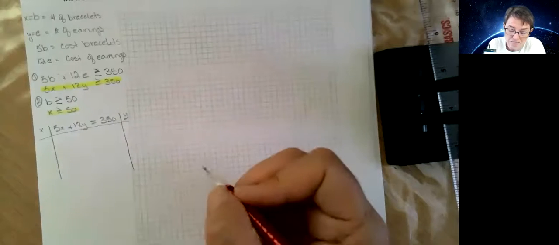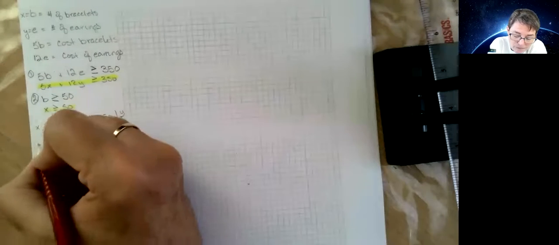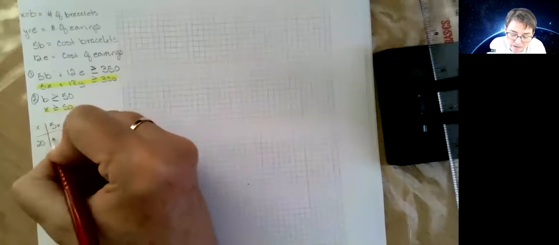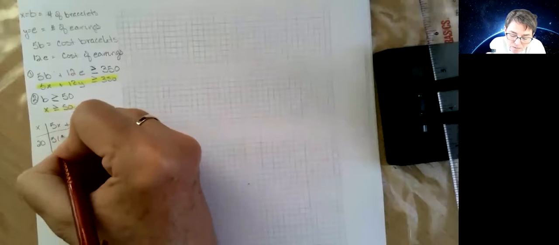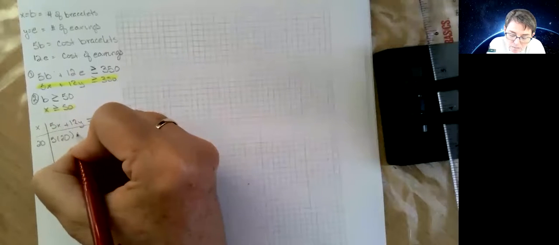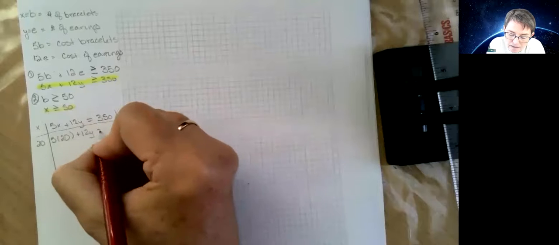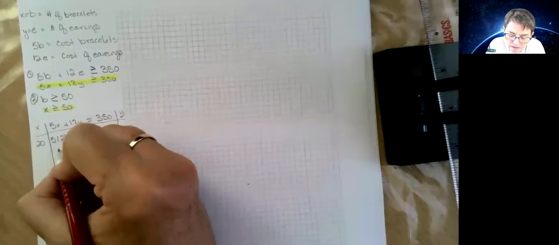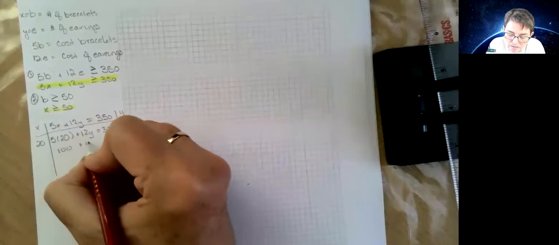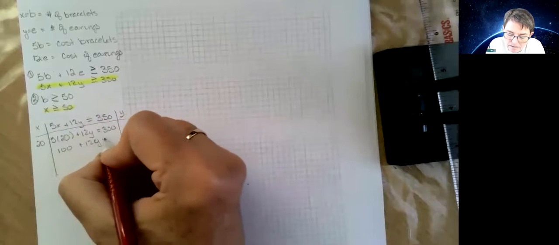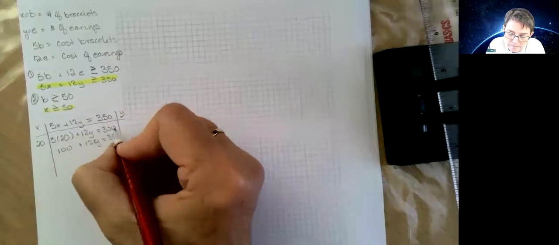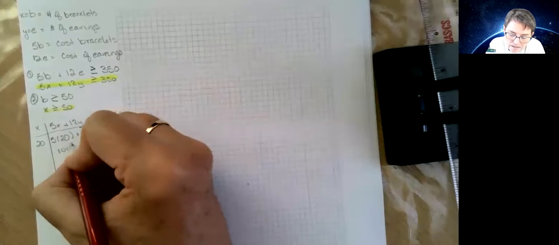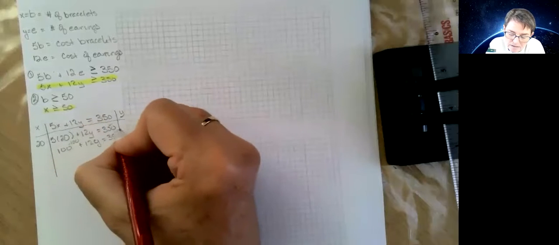So I'm going to go with 20 and see what happens. So 5 times 20 plus 12y is 350. 5 times 20 is 100 plus 12y is 350, minus 100 minus 100.